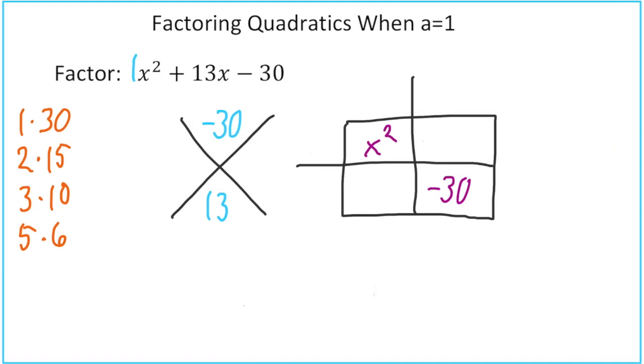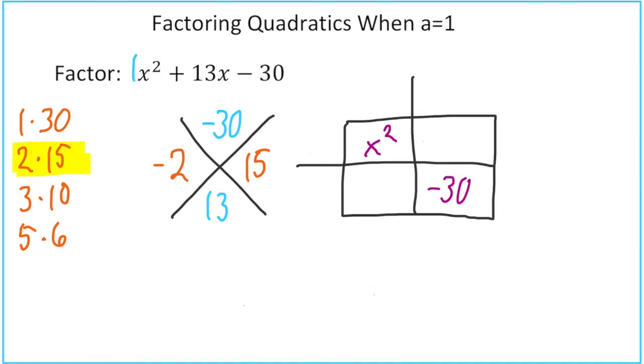So we need to be thinking multiply to get 30 and actually subtract to get 13. So which one do we subtract to get 13? 2 and 15. And that would lead to answers of negative 2 and positive 15. Again, I would write down just 2 and 15 and then figure out which one's positive and which one's negative.